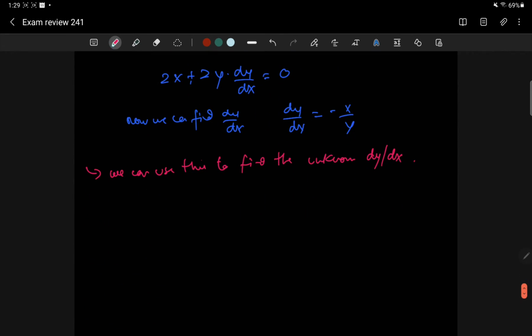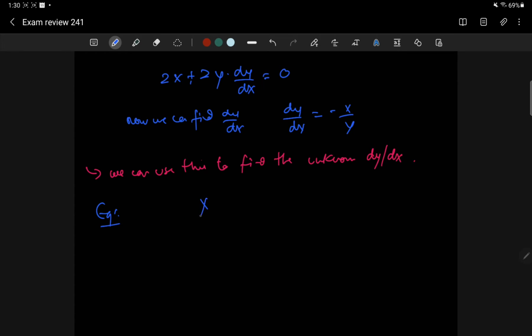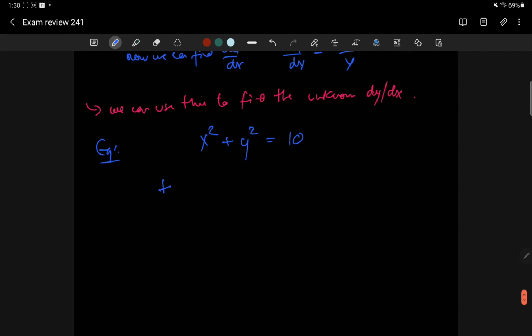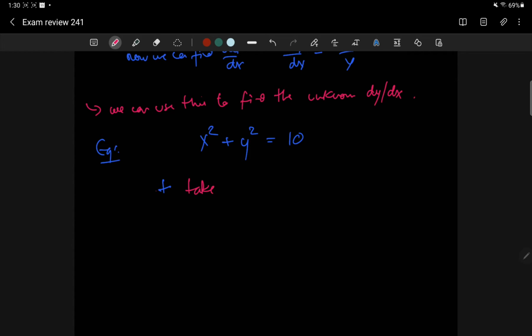So now the same equation, x squared plus y squared equals 10, but now I take the derivative with respect to t, some other variable, right?